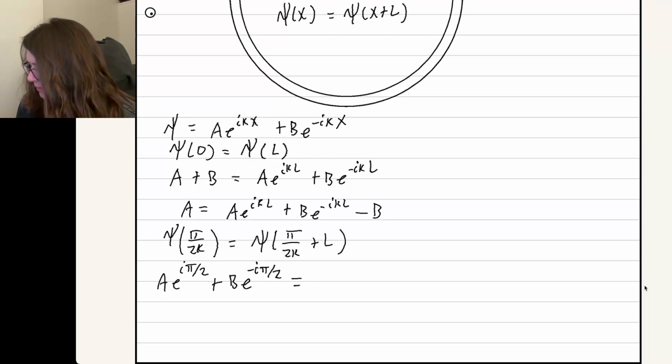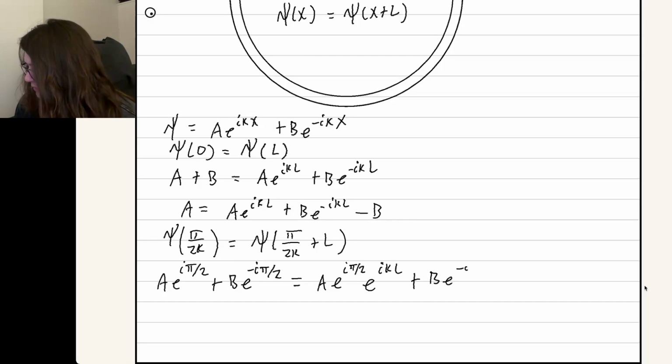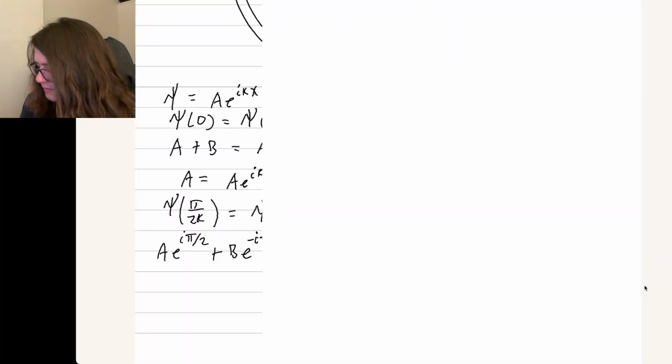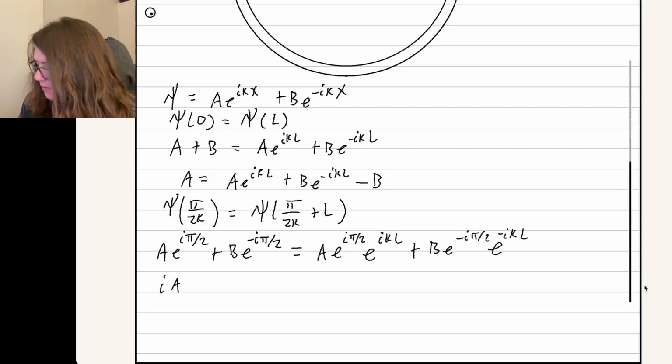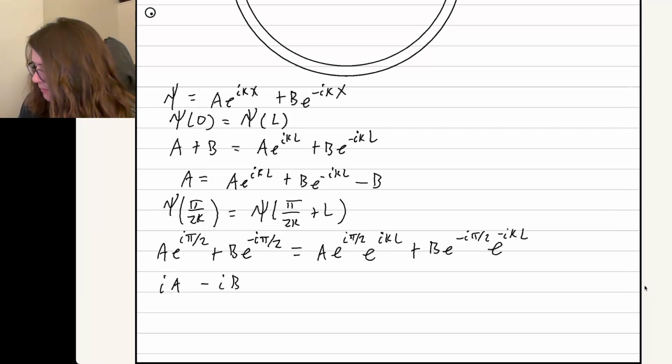And you get the same sort of thing over here. You get a e to the i pi over 2 e to the ikL plus b e to the minus i pi over 2 e to the minus ikL, right? So again, this is positive i, and this is negative i.